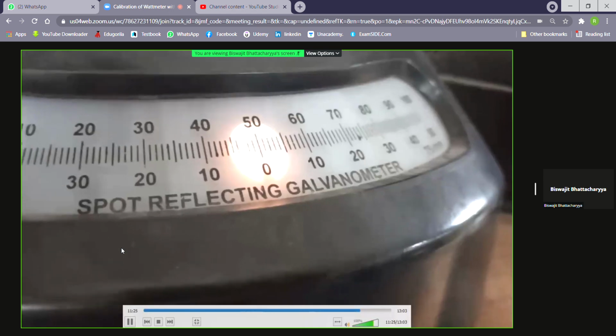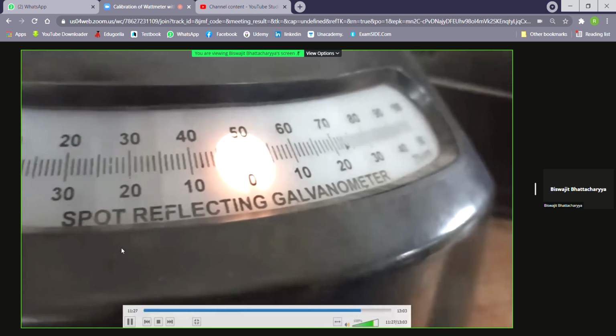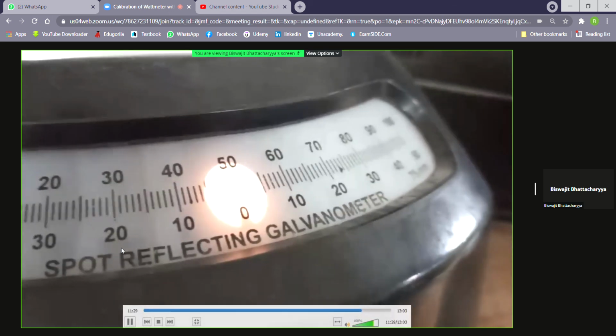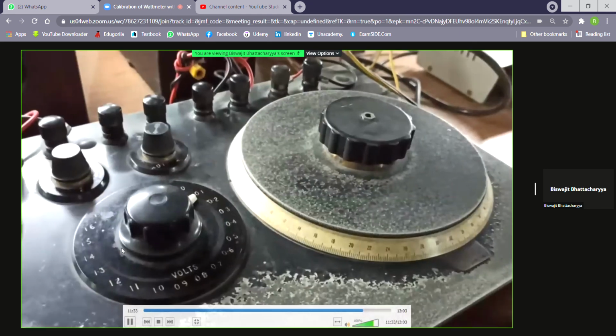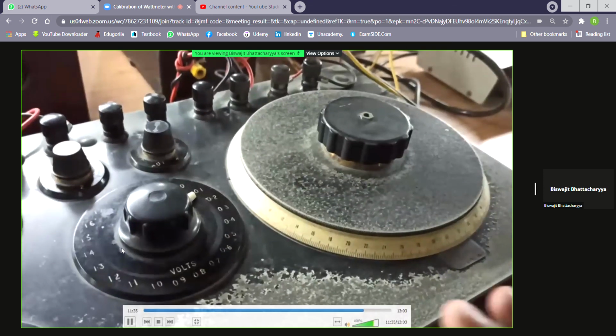Now you can see we have achieved it. Now there is no deflection. The circuit is in balanced condition. In the same way, we will take the value.